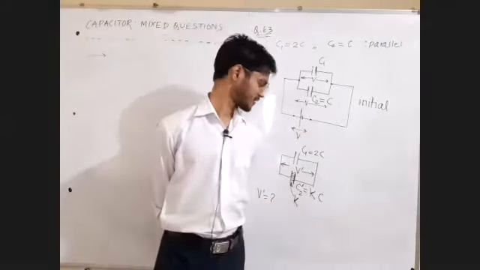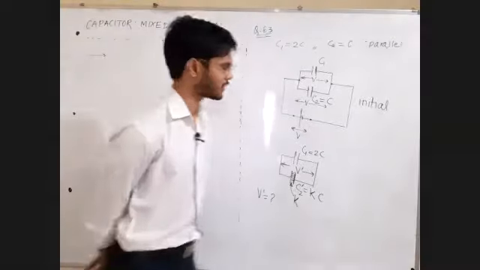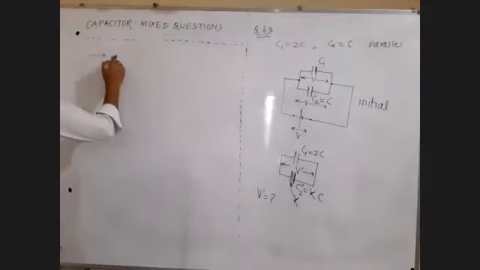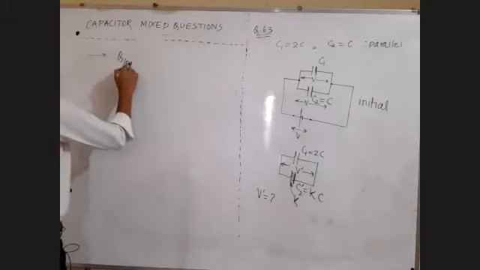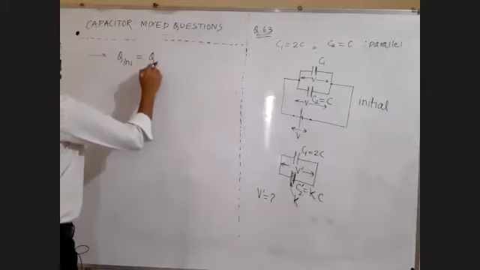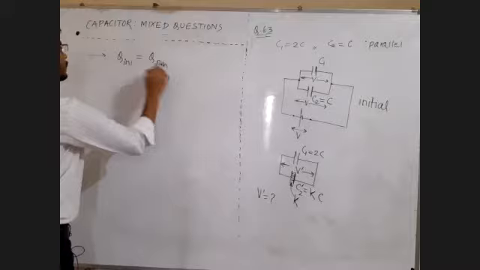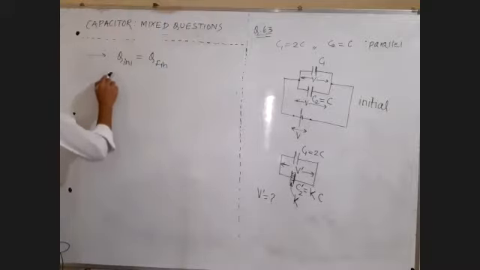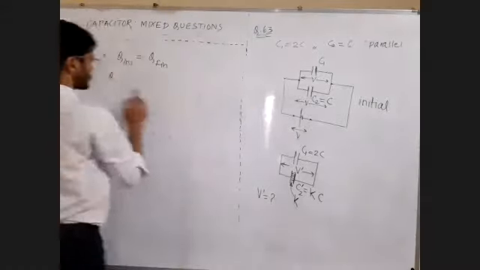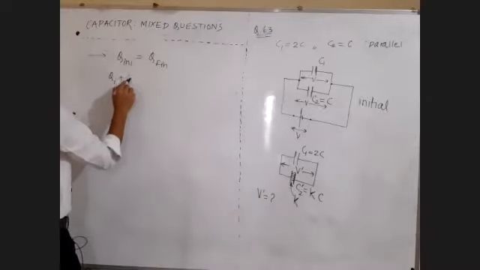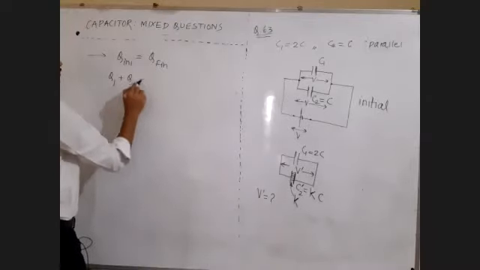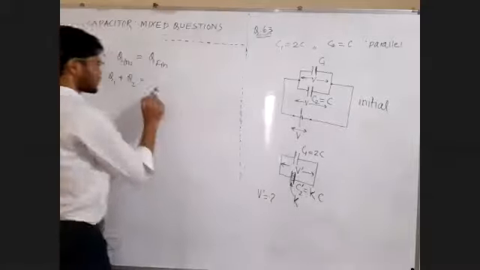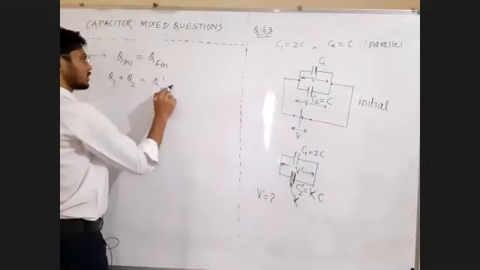We know that charge on initial system is equal to charge on final system. Charge on initial system, charge on first capacitor Q1 plus charge on second capacitor Q2, is equal to new charge on first capacitor Q1 dash plus new charge on second.